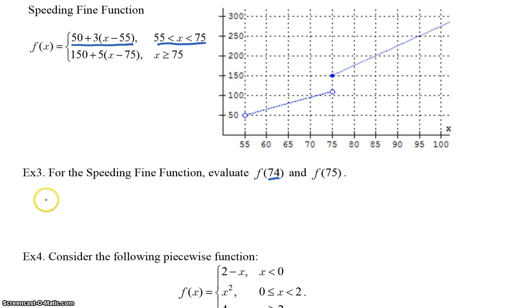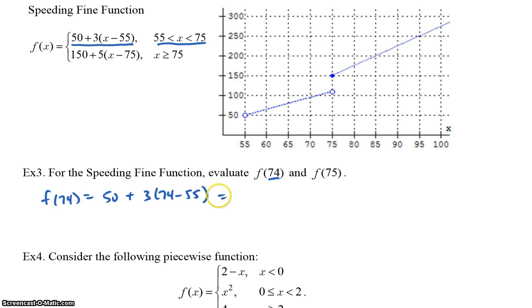So what is f of 74? Well, it says it would be 50 plus 3. X is 74, so 74 minus 55. That'll multiply the 3.